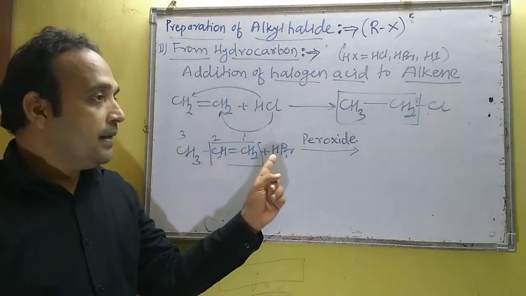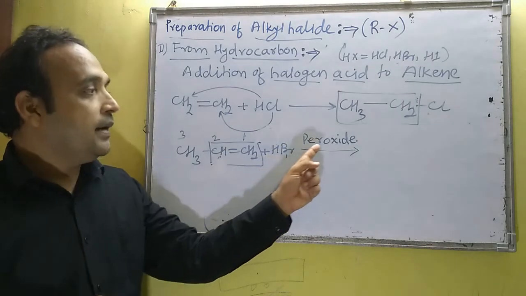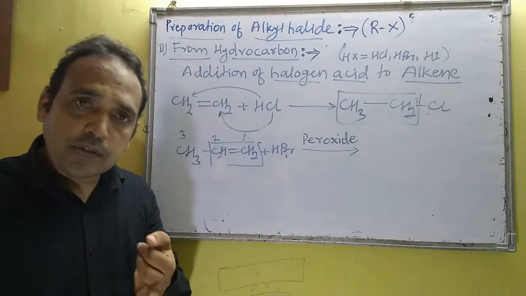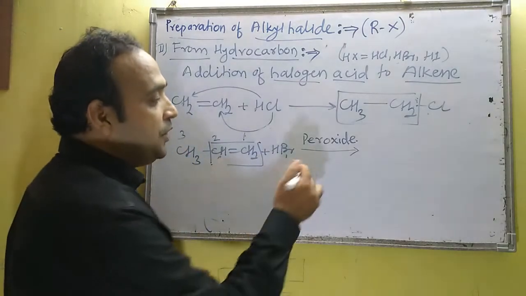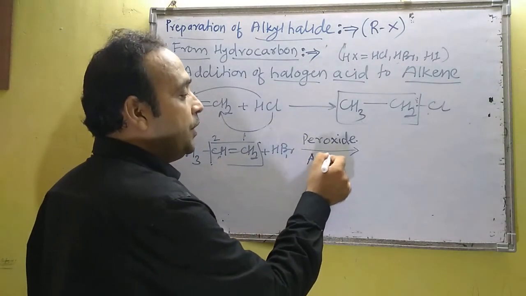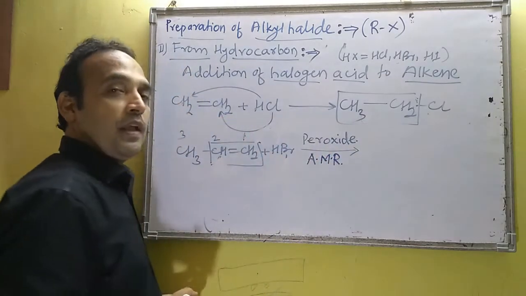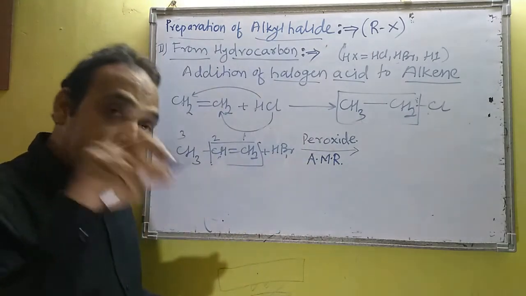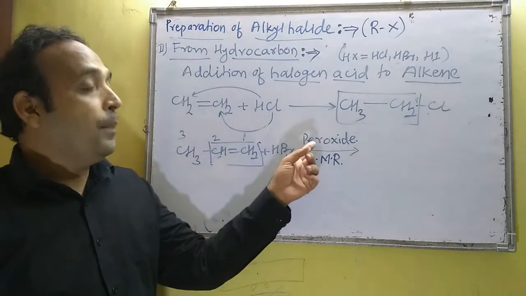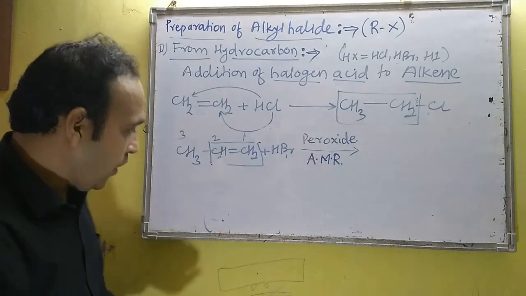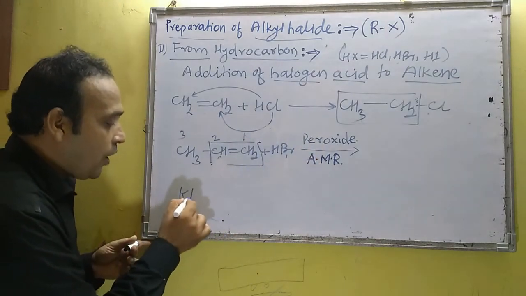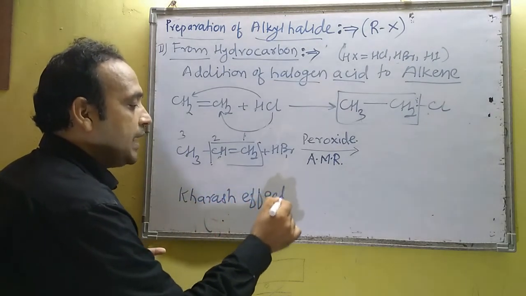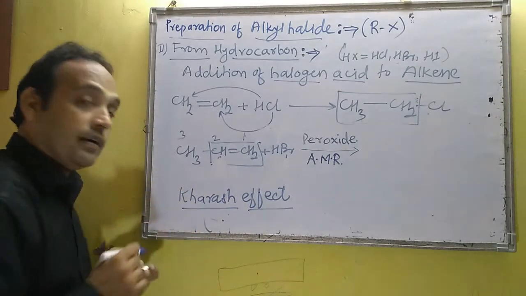No. When my reagent is HBr and the condition is peroxide, benzoyl peroxide, hydrogen peroxide, any peroxide, the addition will take place according to anti-Markovnikov rule. And this effect is called the peroxide effect, or it is known as Kharash effect.